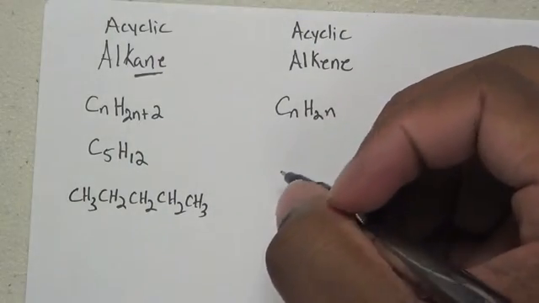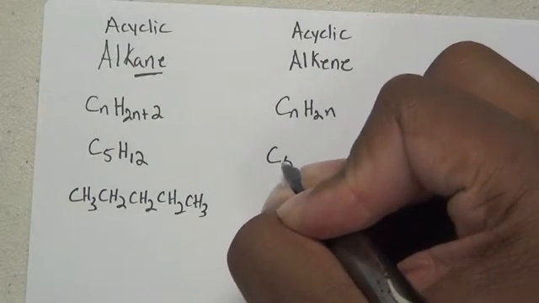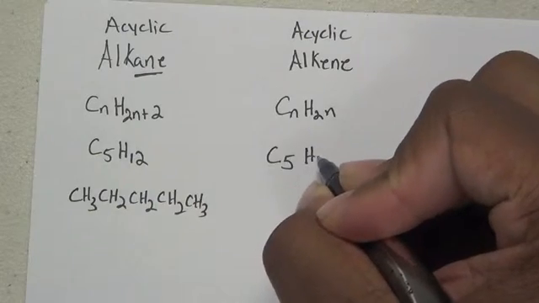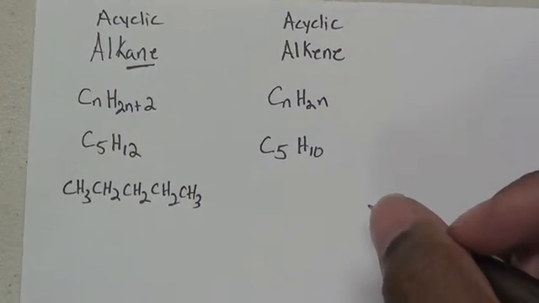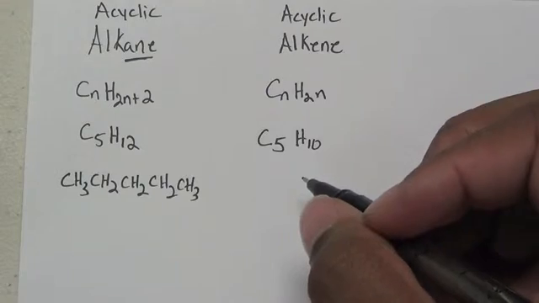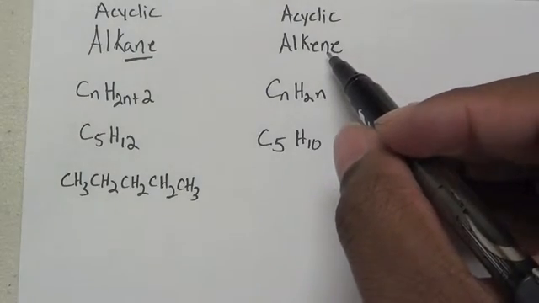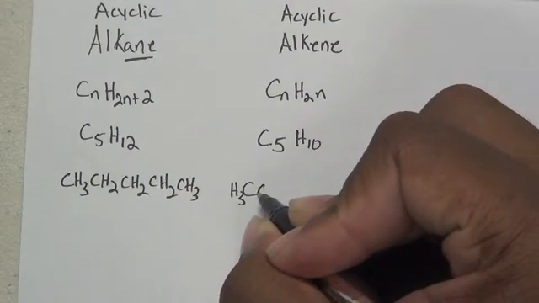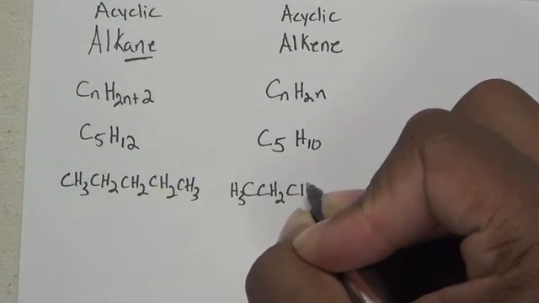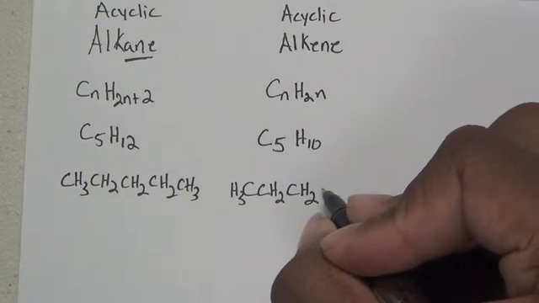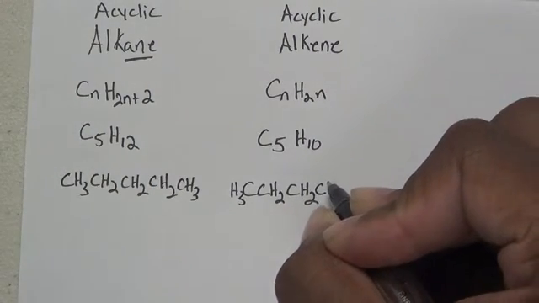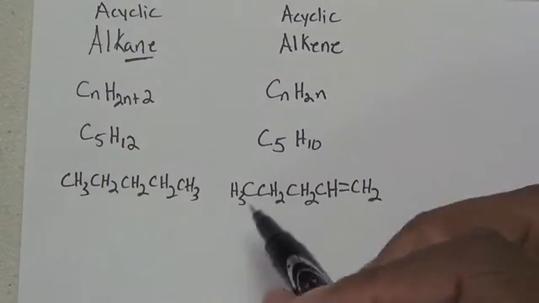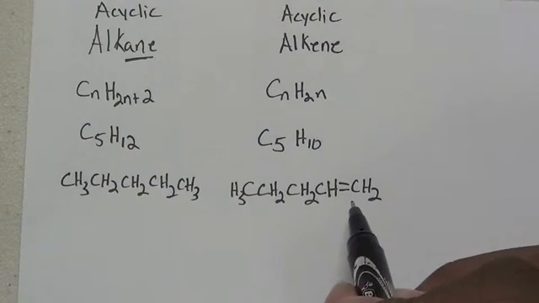If we stick with the same 5 carbons, C5, the number of hydrogens would be 2 times 5 is 10, H10. A good structure example for an acyclic alkene would be CH3, CH2, CH2, CH double bond CH2. Okay, we got our 5 carbons and we got our 10 hydrogens.